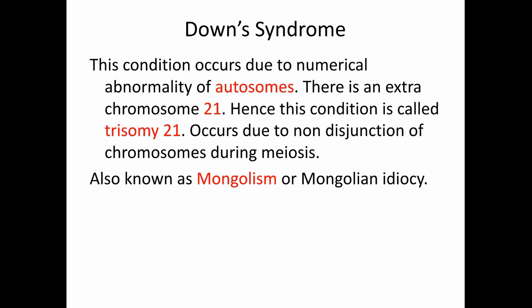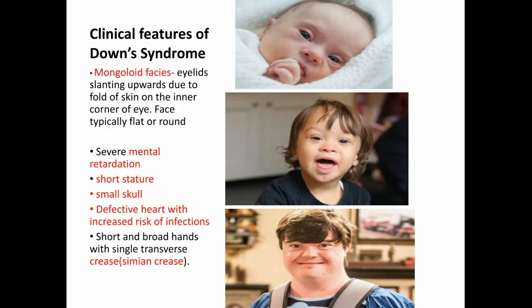Why it is called Mongolism, we will see. Okay, so from the picture only you can understand why the condition is known as Mongolism, because the face is known as Mongoloid facies. That means the face looks like that of a Mongoloid person. That is why the disease itself is known as Mongolism.